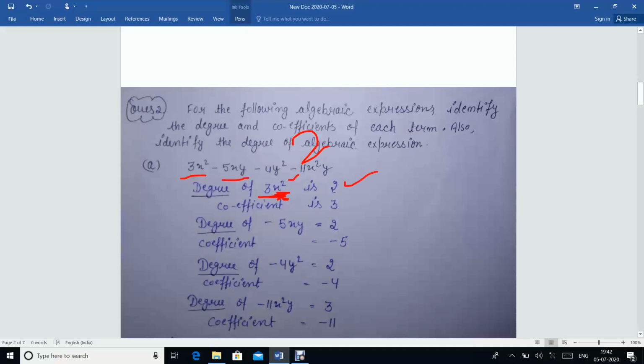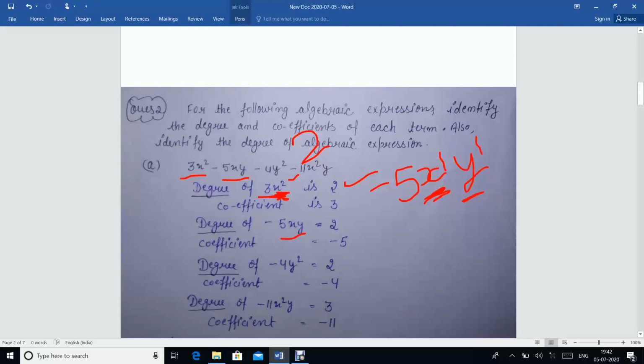Similarly, the next term is minus 5xy. Here you can see that x and y each have only one power individually. In minus 5xy, x comes only once and y also comes only once, so x is raised to power 1 and y is raised to power 1.